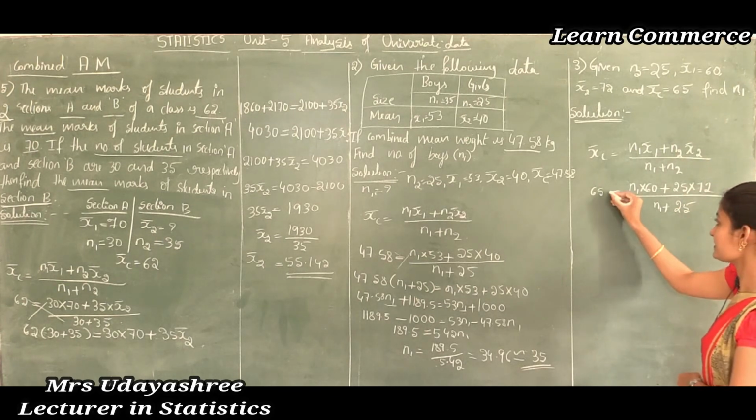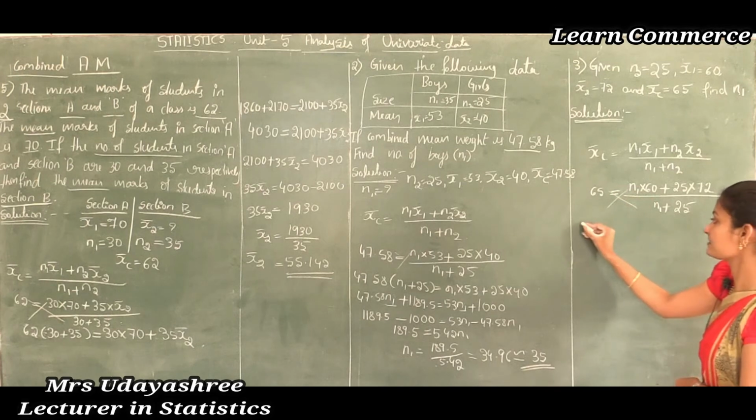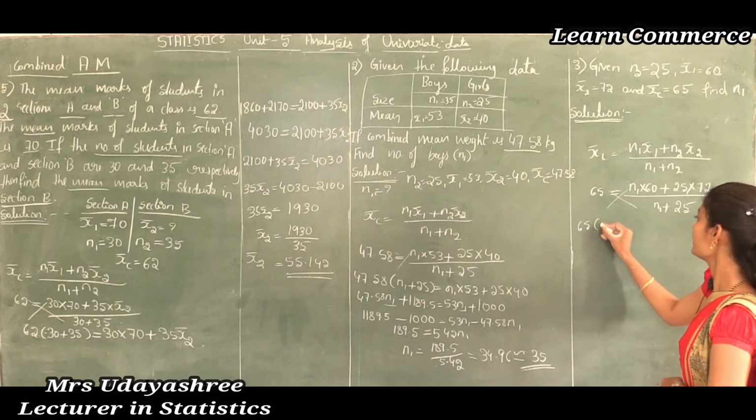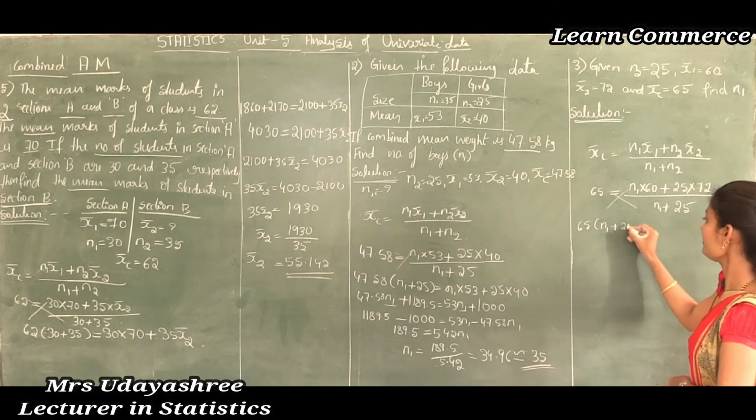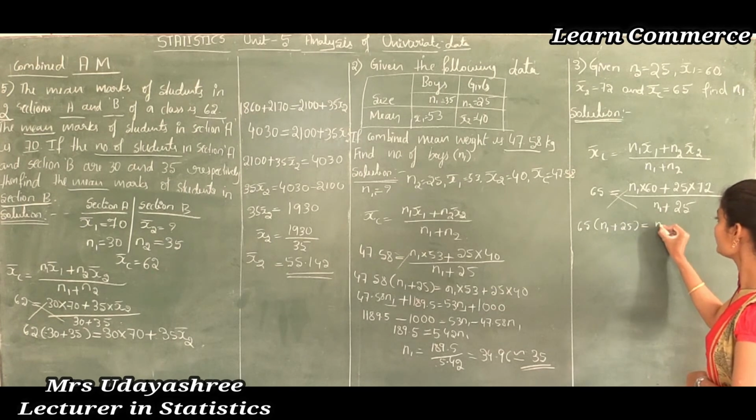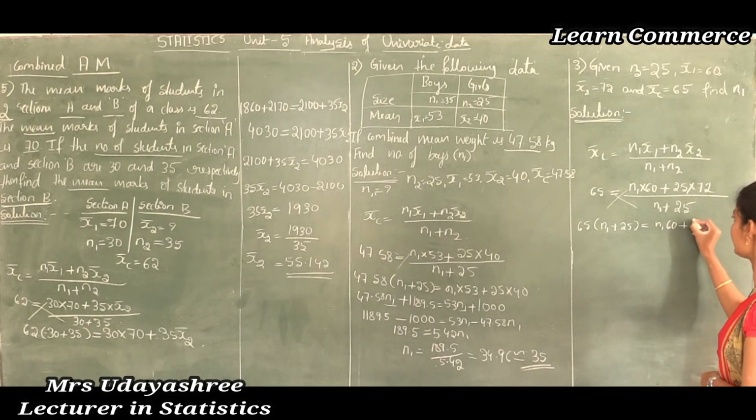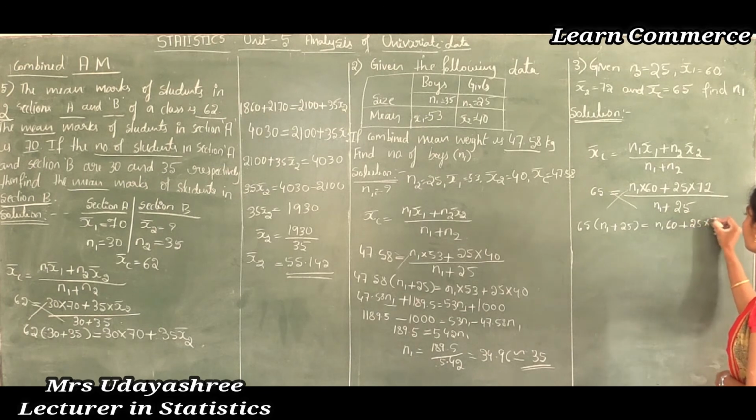Next, I will cross multiply: 65 into N1 plus 25 is equal to N1 into 60 plus 25 into 72.